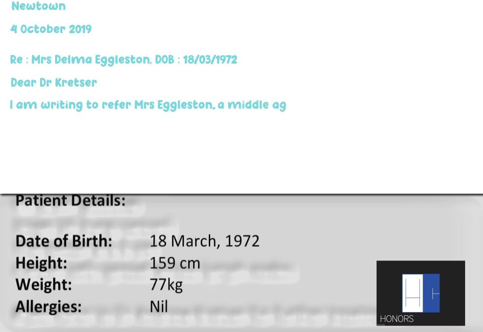A middle-aged woman, right? She would be something like 44 or 45. Or else you can write the age. A 44-year-old woman. Something like that. Alright, after that we put a comma. Into your care for further assessment and treatment. Now, she was diagnosed with lung cancer during the hospitalization. This was a recent diagnosis.